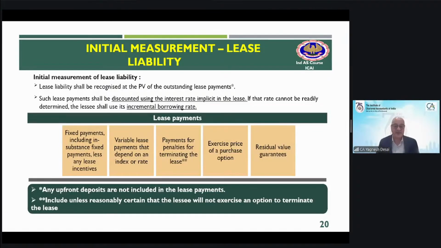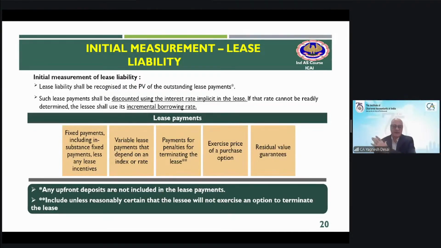And my dear friends, items number 2, 3, 4 and 5 are all estimates. Any change in estimate is always accounted for prospectively.